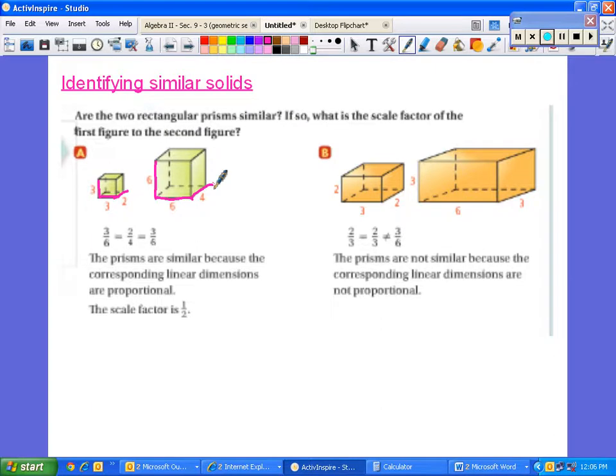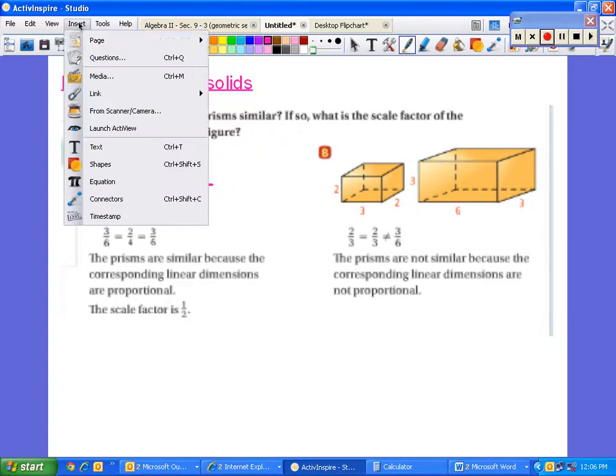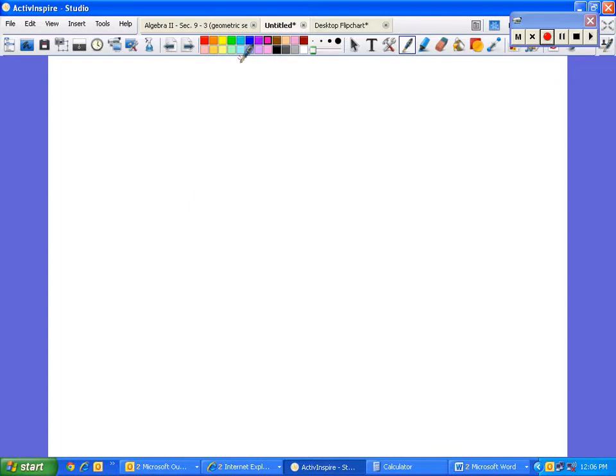All right. Now, I touched upon this. If I have two similar solids, let's just pretend I have two prisms, just like the one we just did, where the little one is half the big one.